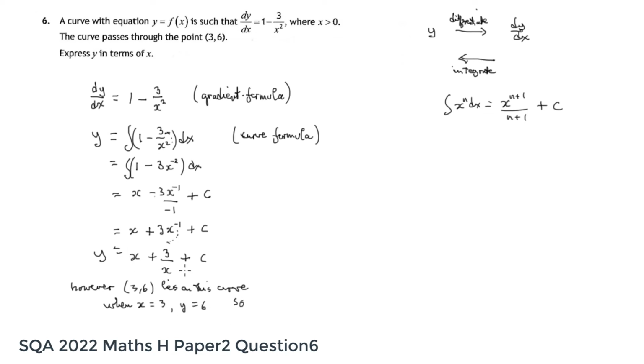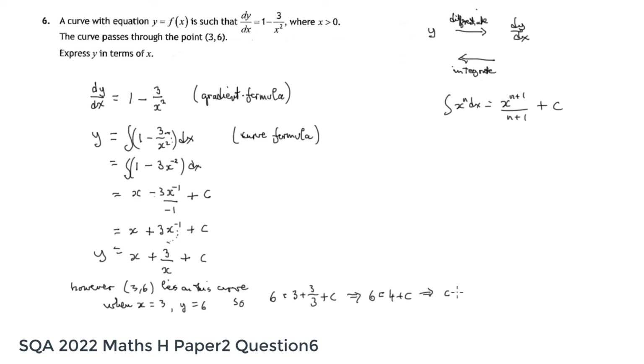So let's substitute values. So we know therefore that 6 will be 3 plus 3 over 3 plus c. And that means 6 is equal to 3 plus 1 plus c. That's 4 plus c. And take 4 from both sides.